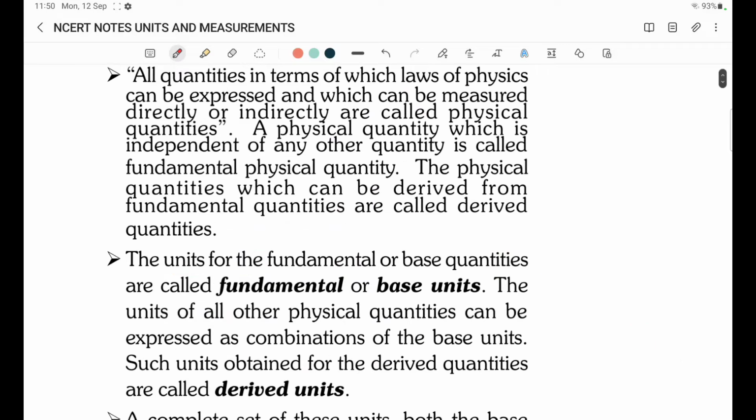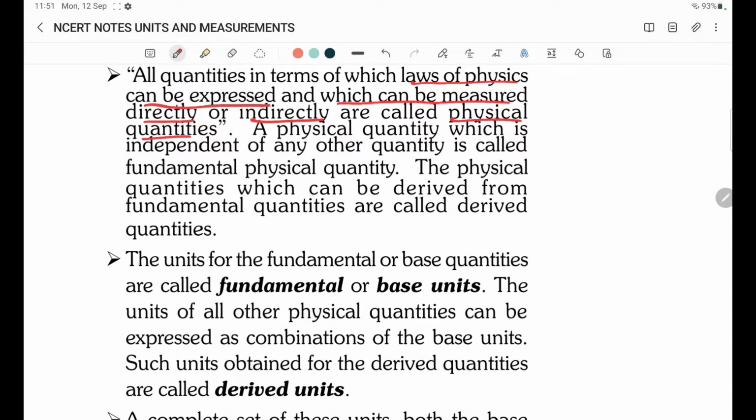Fundamental quantities and derived quantities. Generally, all quantities in terms of which laws of physics can be expressed and which can be measured directly or indirectly are called physical quantities.